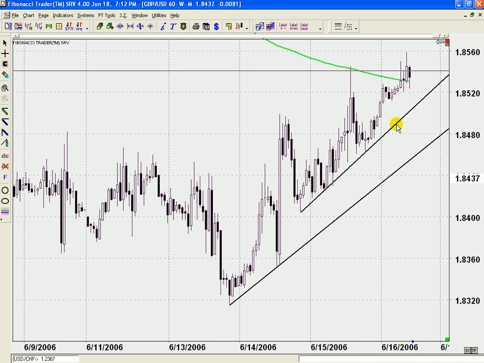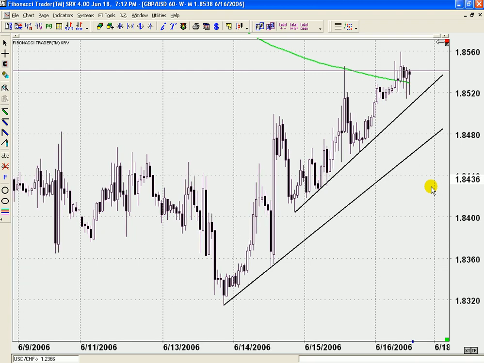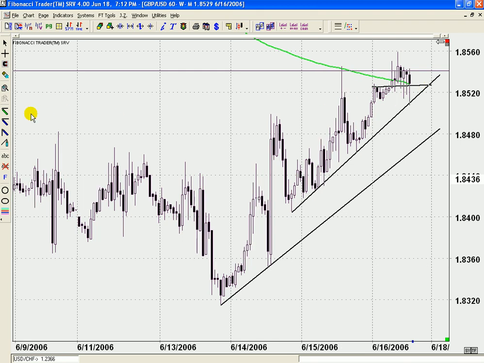So we have a short-term trend line and somewhat of a medium-term trend line, and let's just watch price move from this point. Price is currently holding above this level. That resistance is now offering support to the market, and we need to see price move through that level.